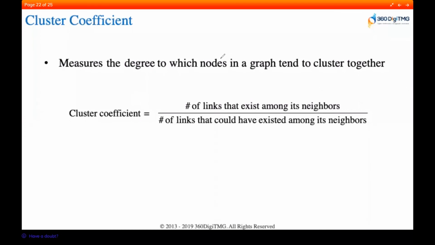That means homogeneous groups, and it is calculated using the formula: number of connections that exist among its neighbors divided by the number of links that could have existed among its neighbors. Okay, what this basically tells us is how strongly one node is connected to the other node. In other words, it is like if my LinkedIn profile is connected to only two people.